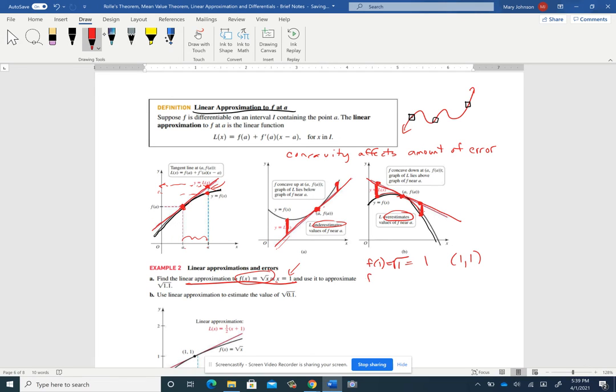Then we took the derivative of the function to get the slope. And since that's x to the 1/2, it would be 1/2 x to the negative 1/2. And we want the slope at 1. So we find the value of that at 1. And remember, x to the negative 1/2 is really 1 over the square root of x. So we're going to put a 1 right there.